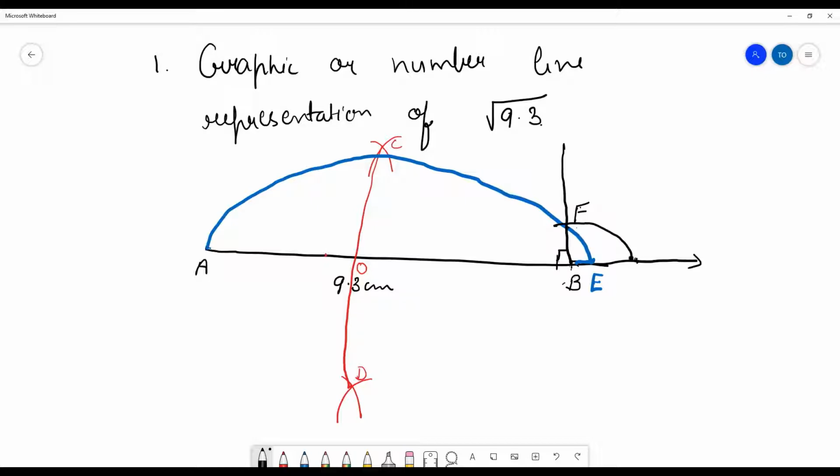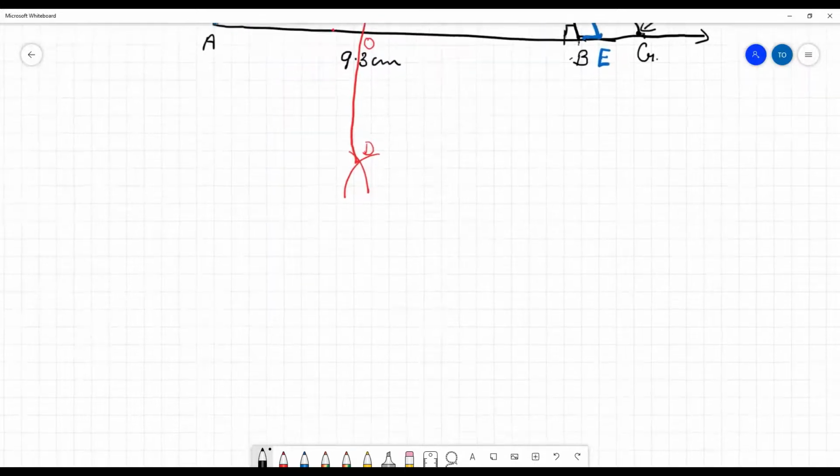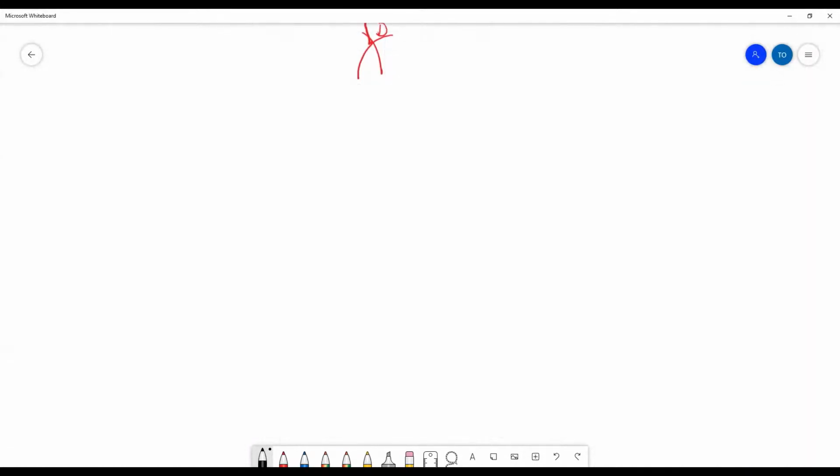So this will be the root 9.3. You can make this in your notebook and understand. Similarly, we can make it for the other roots. So this was the graphic representation of root.